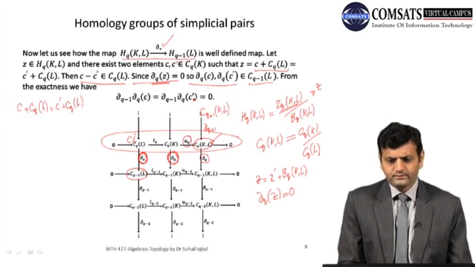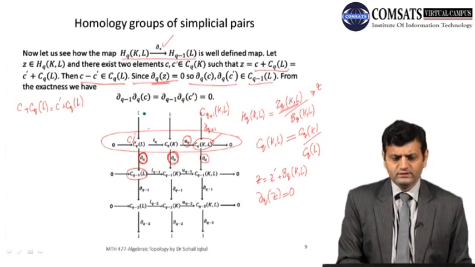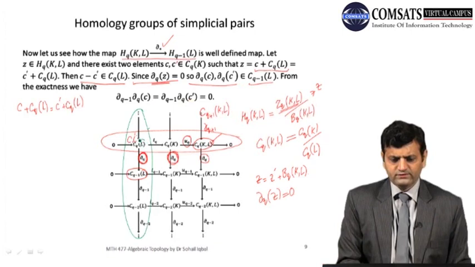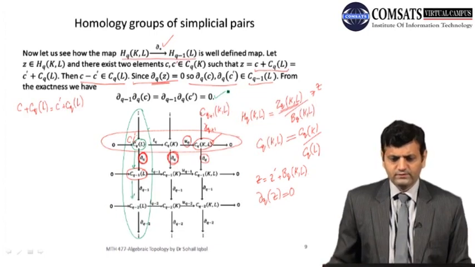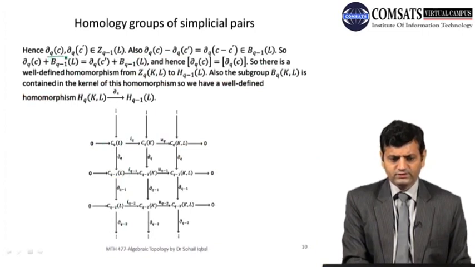Now from the condition that this is a chain complex, when we apply the boundary map two times, we should get 0. So that's why we have this, and hence ∂_q c and ∂_q c' belong to Z_{q-1}(L), of course.